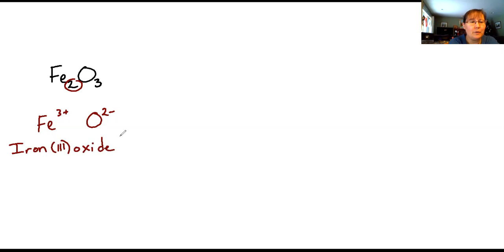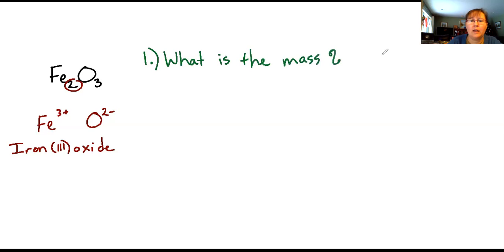I'm going to throw that in frequently throughout the semester because it is just one of those things that is so important to be in your long-term memory for chemistry. Okay, so let's take a look at this iron 3 oxide. And we're going to do kind of a series of questions and problems with it. The first thing we're going to do is, maybe you're just given the question, what is the mass percent of each element?